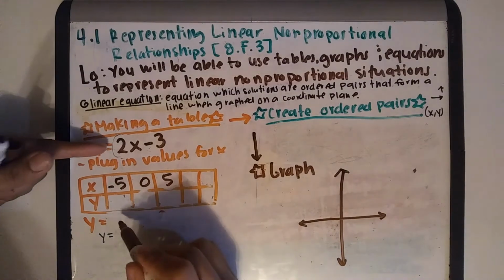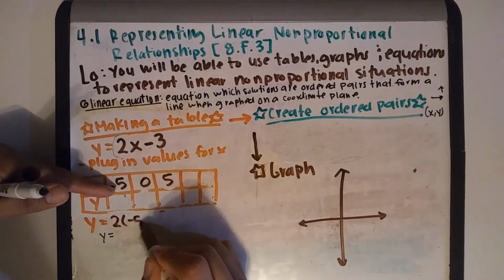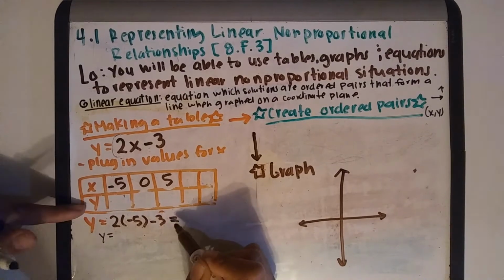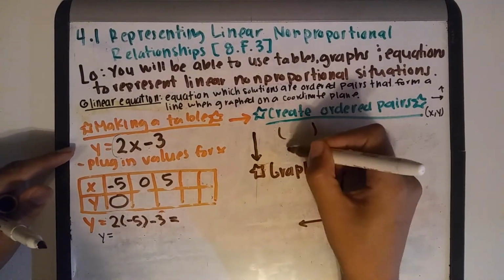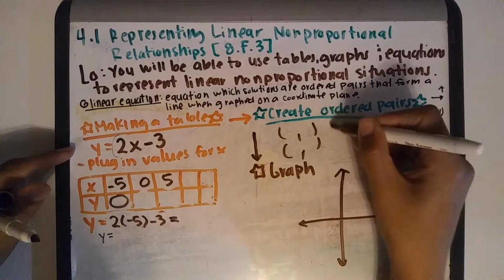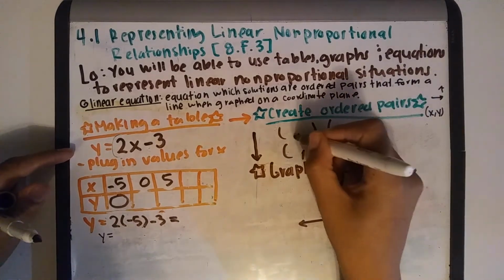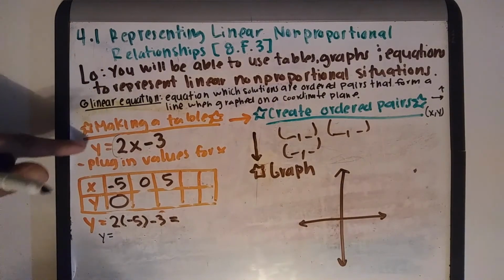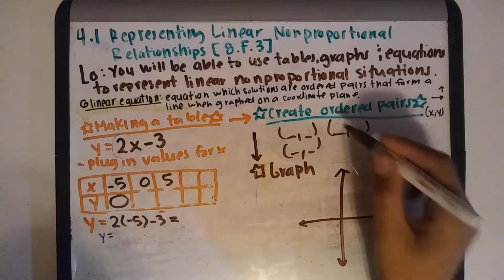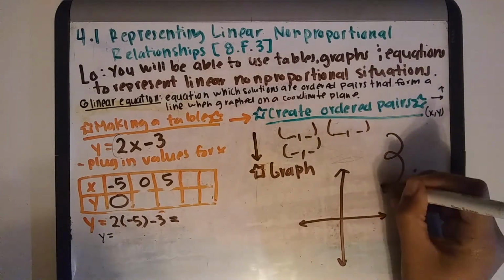Then you go 2 times -5 minus 3. Get the answer, that should give you the y. You plug that in here. After you do that, you're going to give me at least 3 ordered pairs. Whatever x values you choose, plug them in, solve for y, and then create the ordered pairs, and after that, you're going to graph.